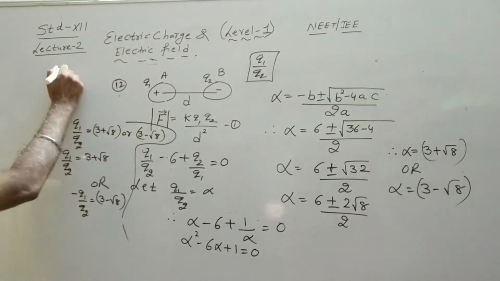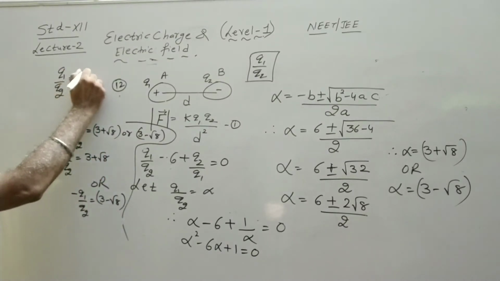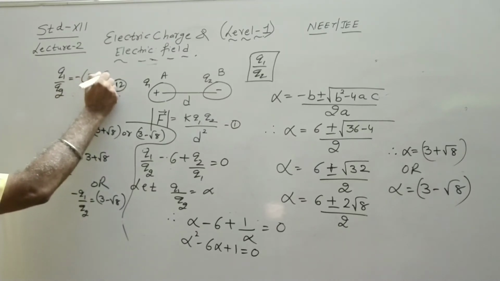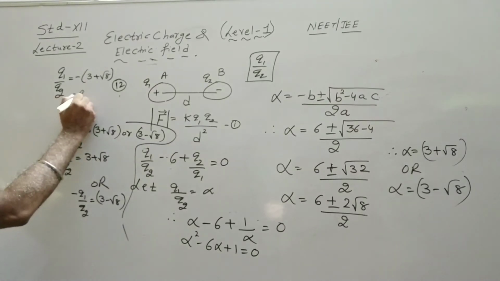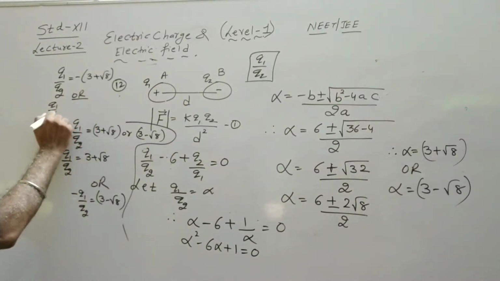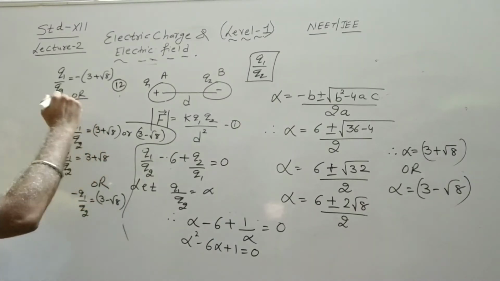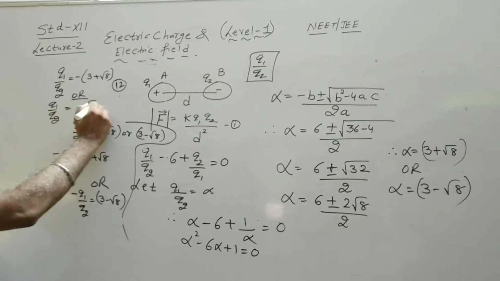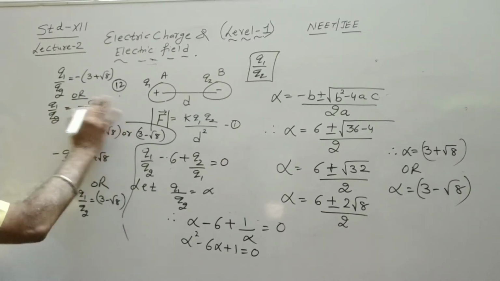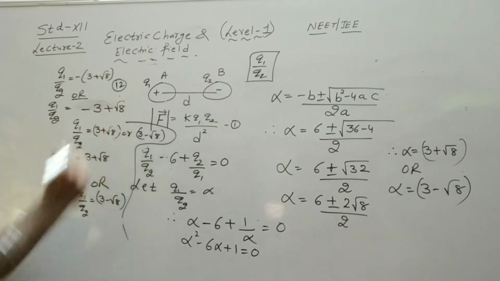So one option becomes q1 upon q2 is equal to minus 3 minus root 8, and the other, you take the minus to this side, it becomes q1 upon q2 is equal to minus 3 plus root 8.